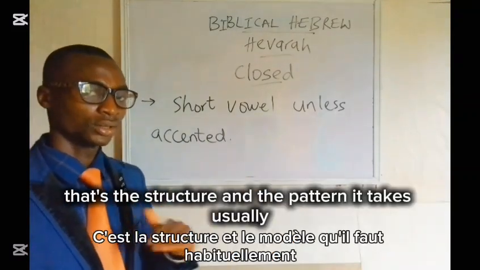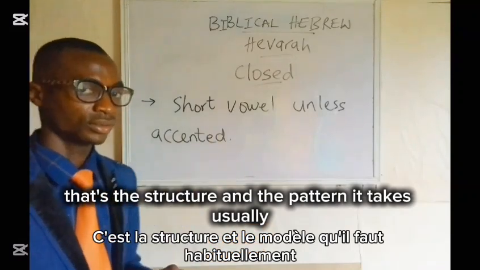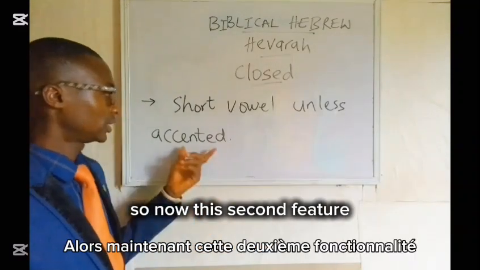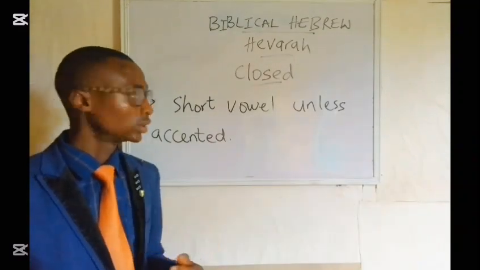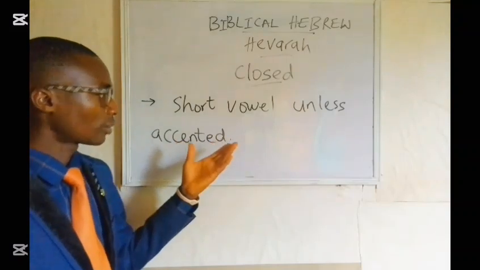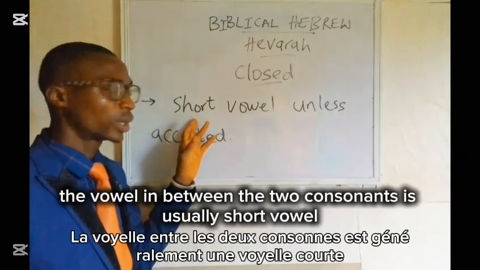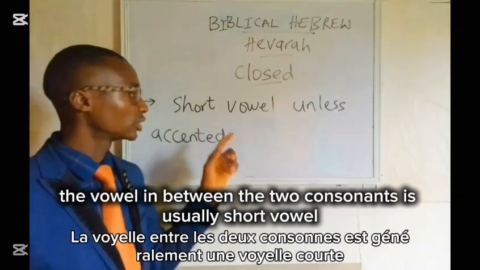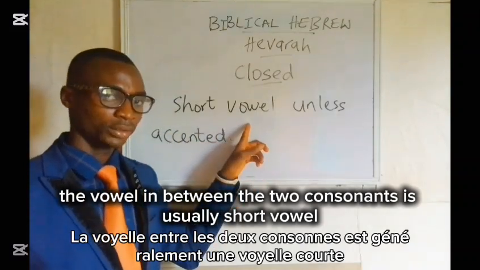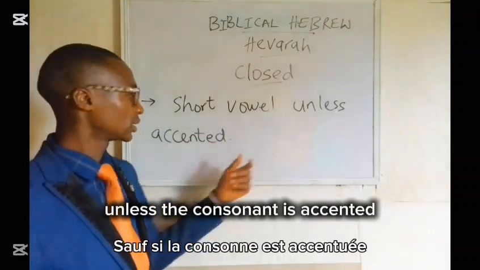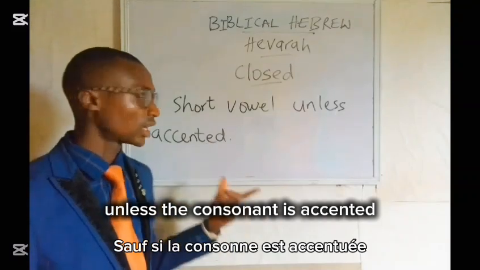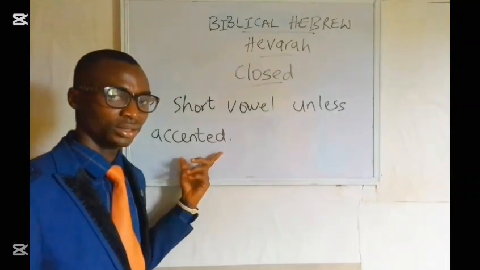That's the structure and the pattern it usually takes. So now this second feature makes it clear that the vowel in between the two consonants is usually a short vowel, unless the syllable is accented.